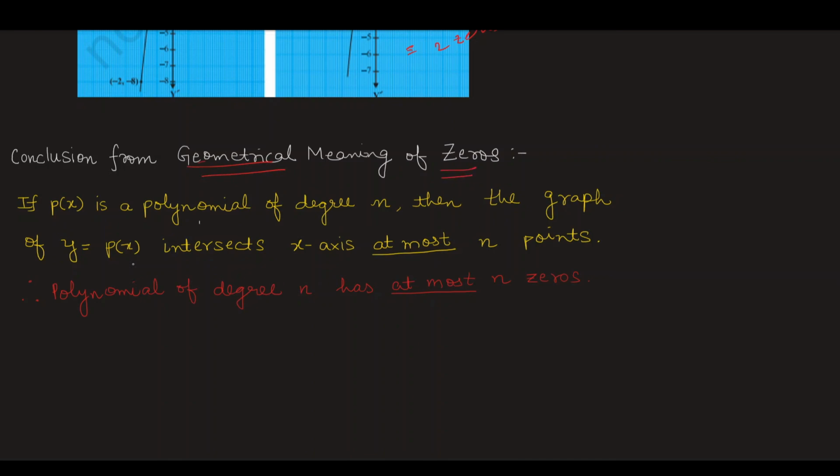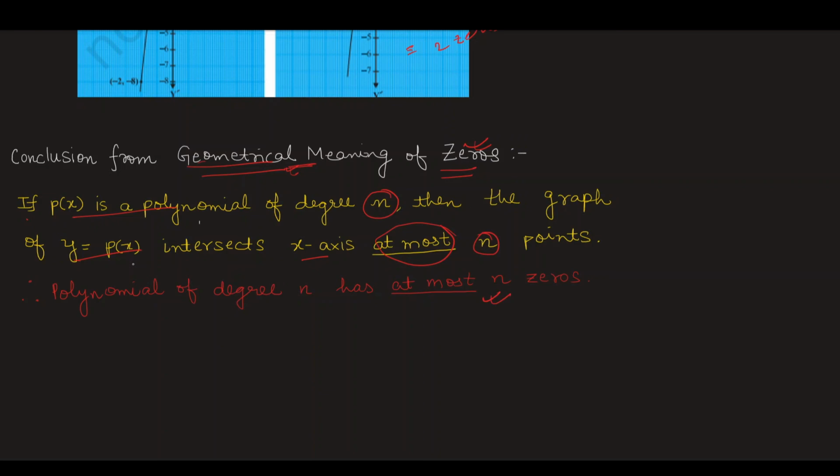Zeros is a concept we have learned in a theory way, like we can manually calculate it. But why are we interested in its geometrical meaning? Because we can deduce from the geometrical meaning that if p(x) is a polynomial of degree n, then the graph of y is equal to p(x) intersects the x-axis at most n points. A polynomial of degree n has at most n zeros.